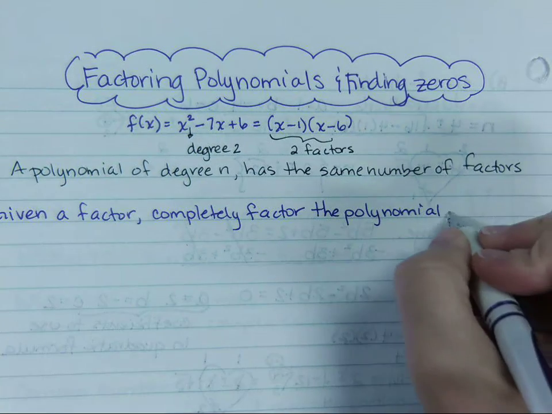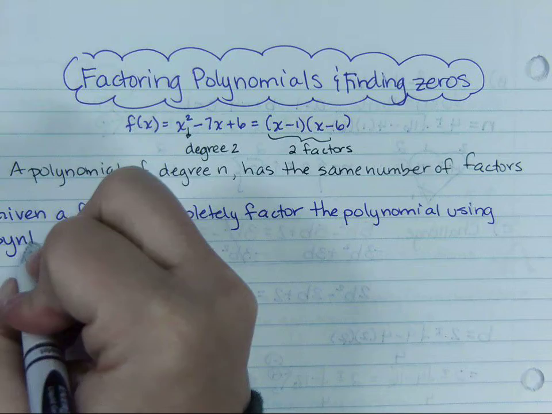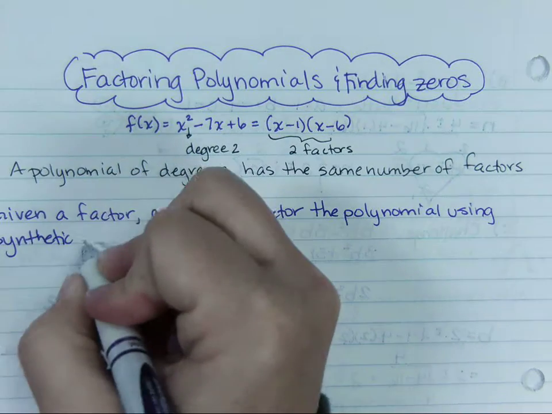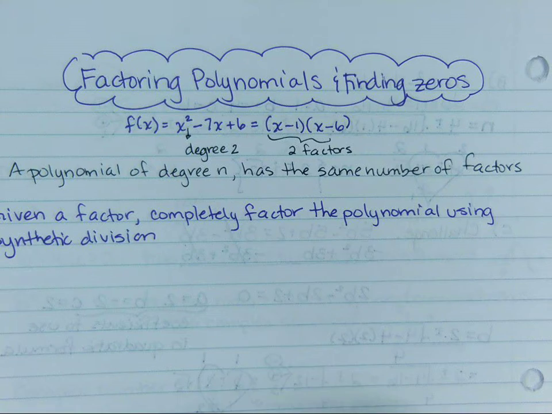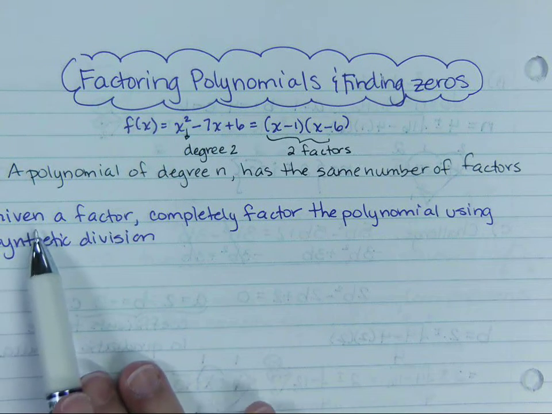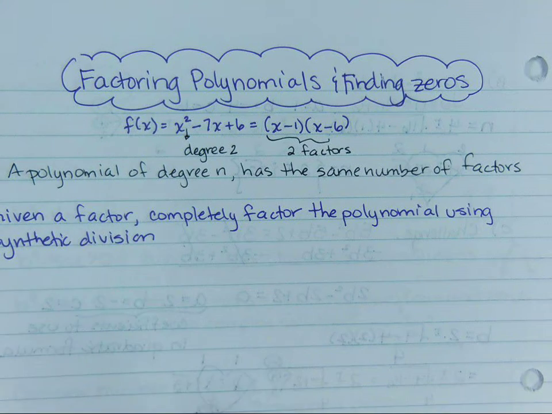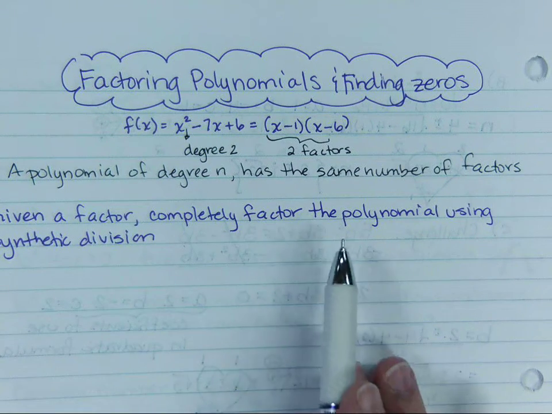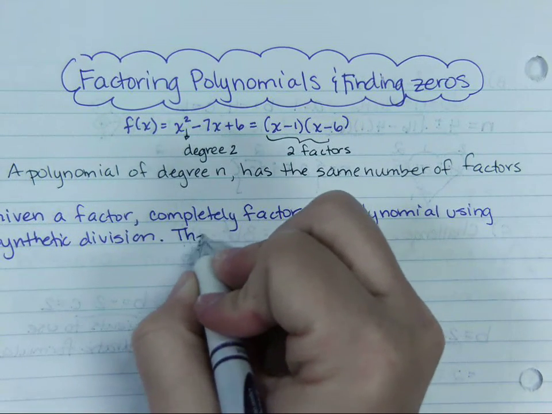And we're going to do this using synthetic division, because it's a shortcut of long division. Once we use the factor we're given, we're going to find the remaining factors using synthetic division, and then we're going to find the zeros.